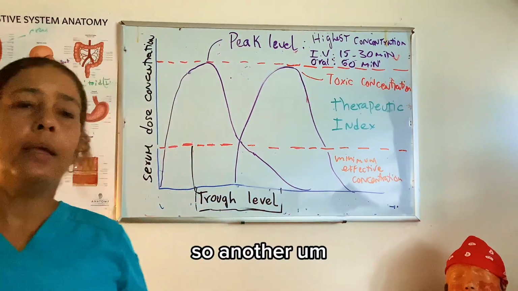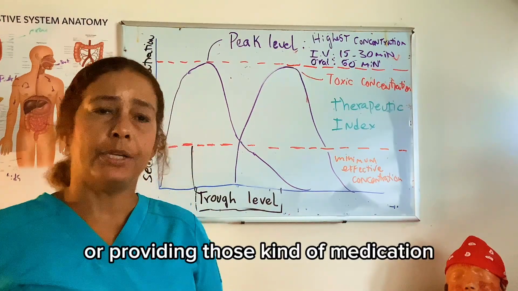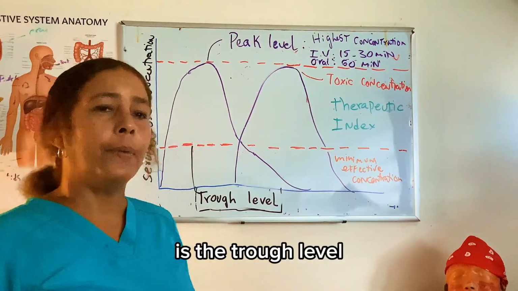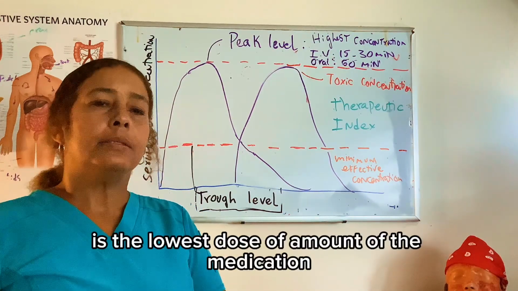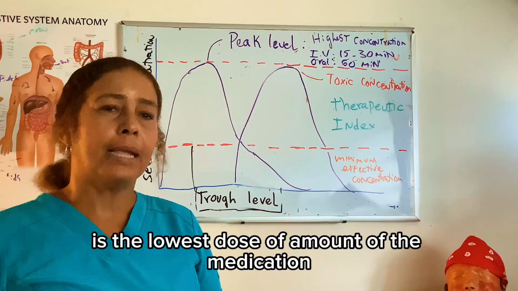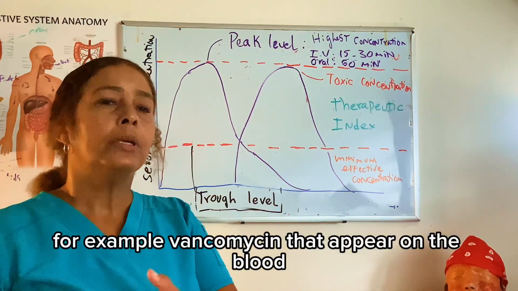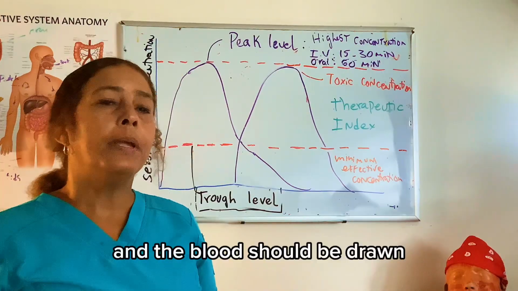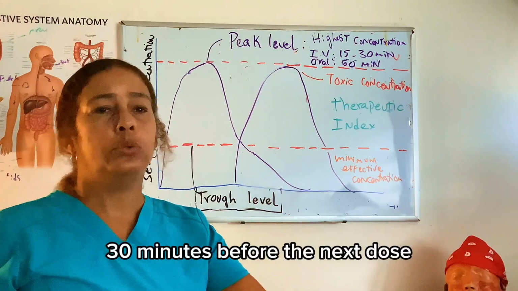So another concept when providing those kinds of medication is the trough level, which in the case of vancomycin and gentamicin is the lowest amount of the medication in the blood, and the blood should be drawn 30 minutes before the next dose.